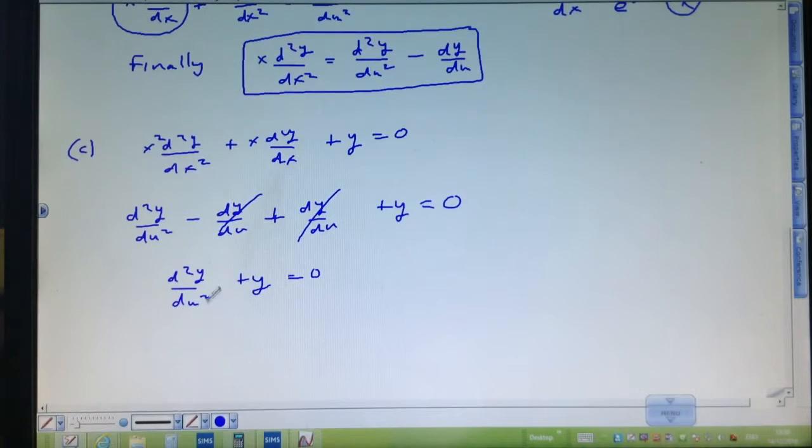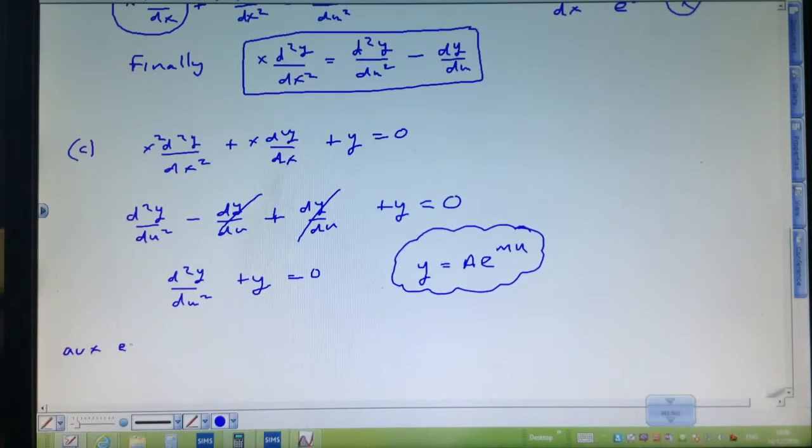The substitution we're going to make, because it's not dy by dx as we're used to, it's dy by du. So the substitution is y is equal to A e to the mu. Okay, that's the thing we're going to try, and we're going to go straight to our auxiliary equation, m squared plus 1 is equal to 0.